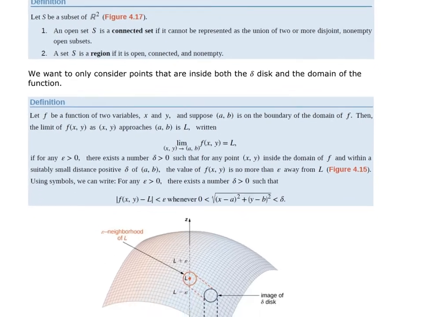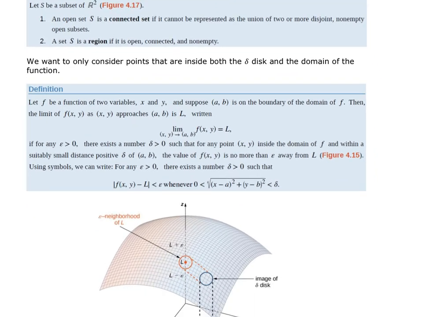Now, we only want to consider the points that are both inside the disk and also in the domain of the function, because that's going to get us to continuity, and once we know we've got continuity, then we can start talking about derivatives. So let f be a function of 2 variables, x and y, and suppose (a, b) is on the boundary of the domain of f.